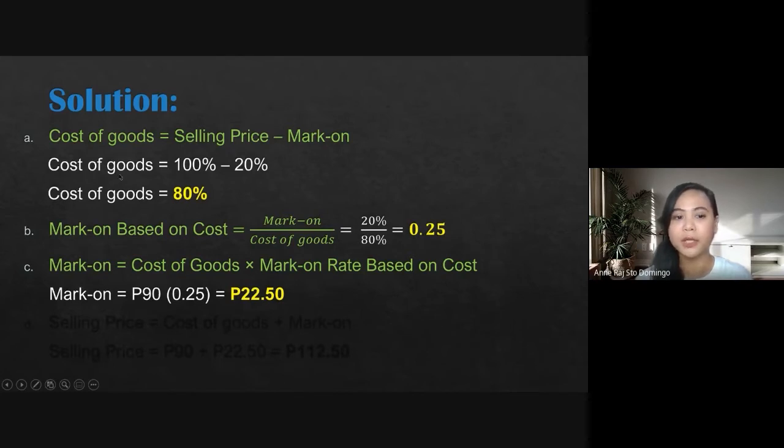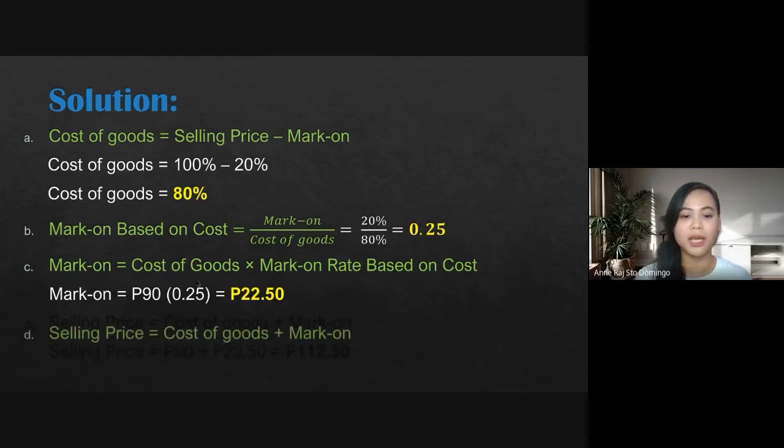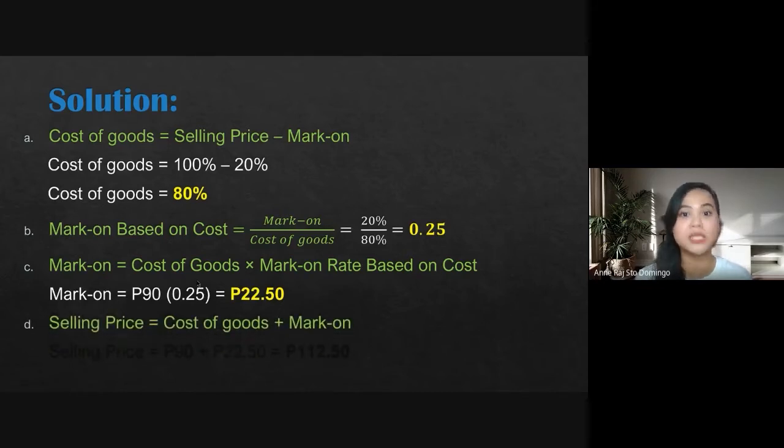So, again, yung kinuha natin cost of goods dito is 80%, which is equivalent to 90 pesos. So, ang hinahanap natin is the selling price, wherein we can get it by adding the cost of goods plus the mark-on. So, we computed the mark-on, which is 22 pesos and 50 centavos.